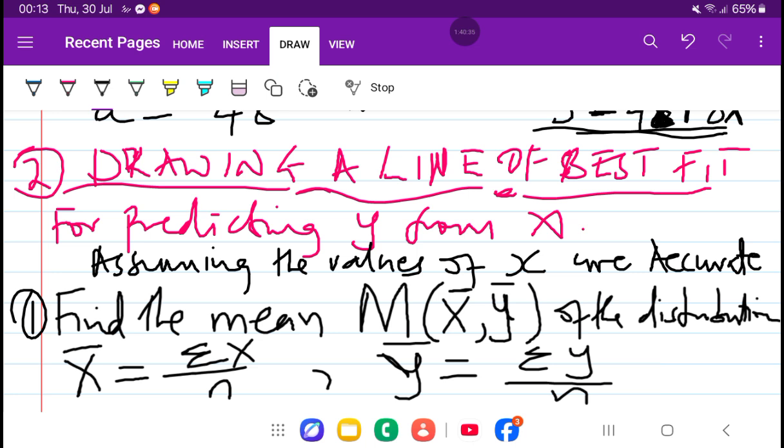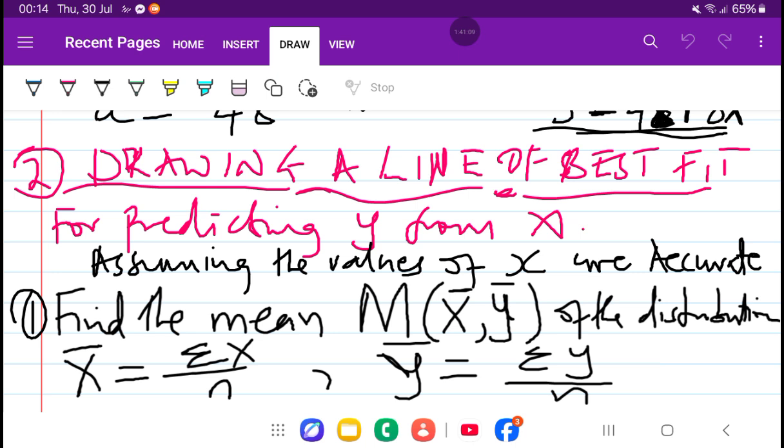Now, after getting the mean of the two pairs, these means are going to be used as if they are coordinates. You have been given the data set. You have gone ahead to plot. Remember, by the time you do this, you must have plotted all these values.